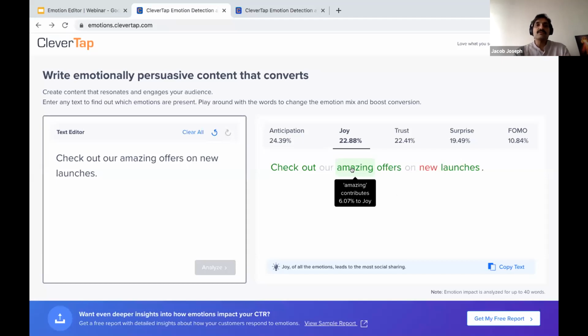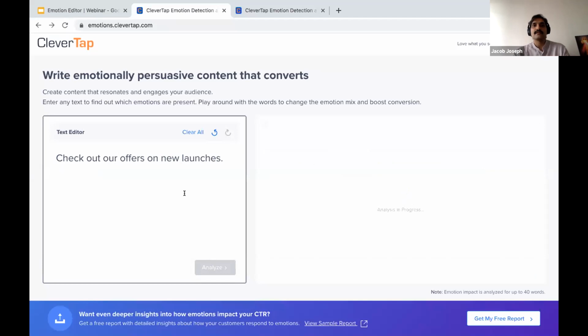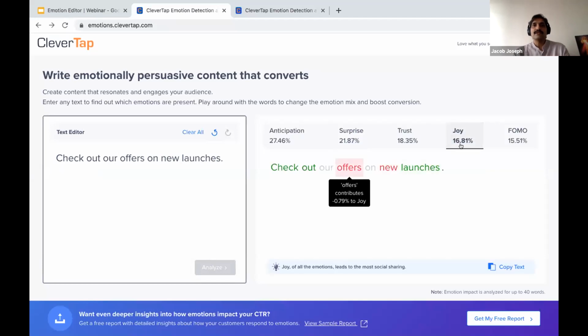Now, if I remove the word amazing from this message, the joy will drop by 6%. So let's look at that. It is expected to come to around 16 odd percent. So see, the joy has dropped by around 6%.